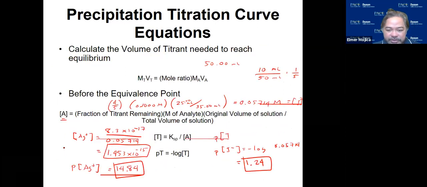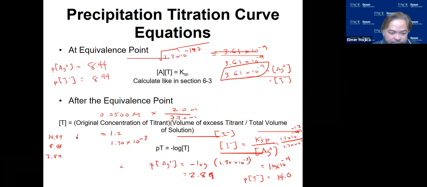Now for the other one, we start with 1.24, 8.4, 4, and 14. Now, do those values make sense during the titration?